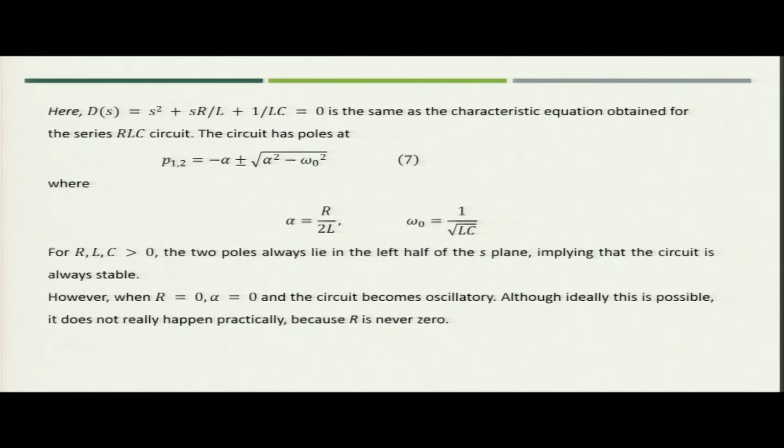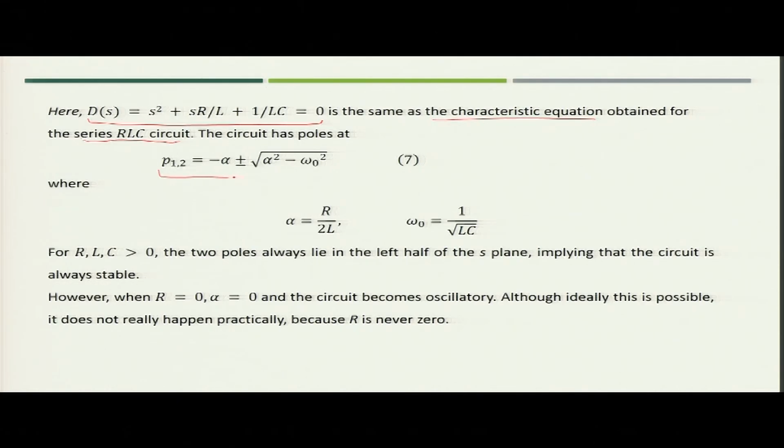The denominator expression, s square plus R by L s plus 1 by LC equal to 0, we have already discussed when we were discussing the series RLC circuit. This would be the characteristic equation which we have already discussed in the past.